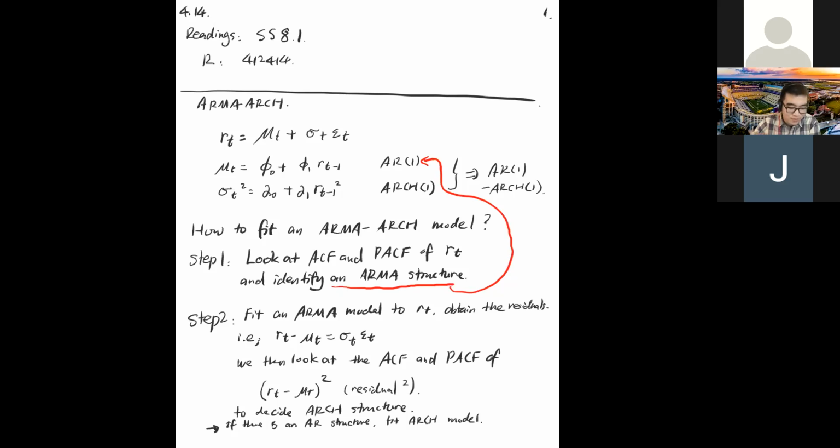So if you find your ACF tails off and your PACF cuts off at lag number 2, then that's an ARCH(2) model. And if it cuts off at lag 1, then that's an ARCH(1) model. And if there is an ARMA structure, which means both ACF and the PACF tail off, then we will fit a GARCH model.